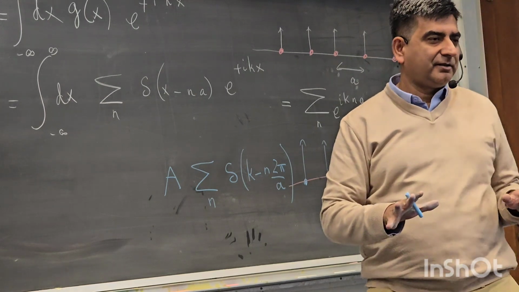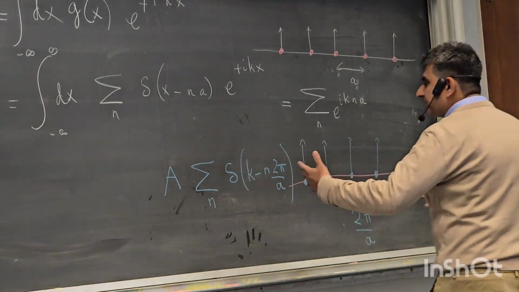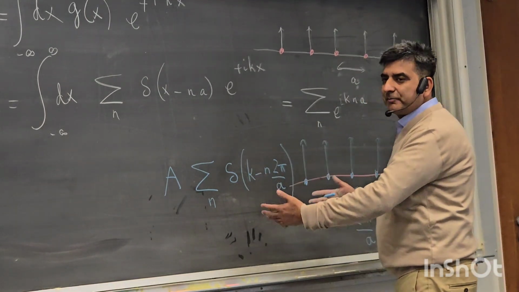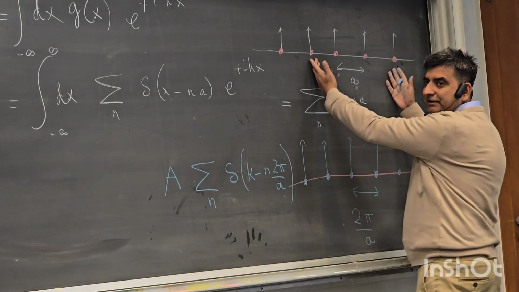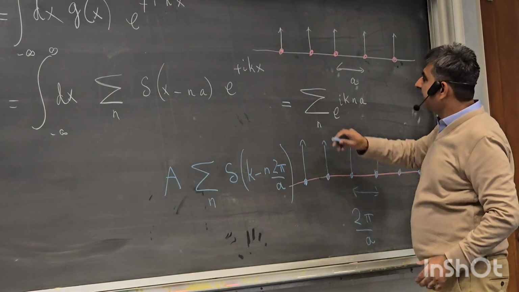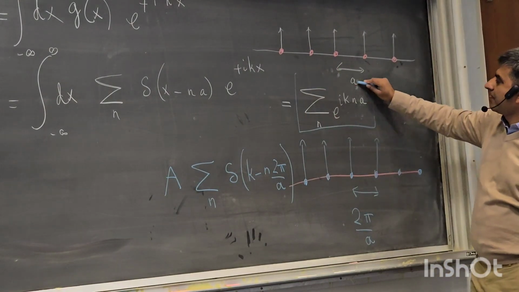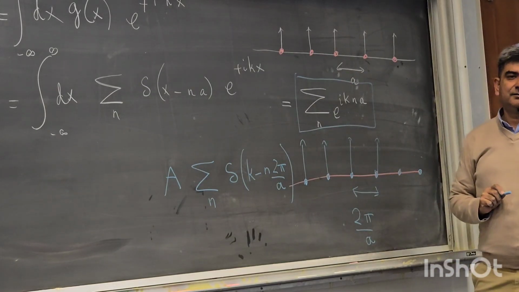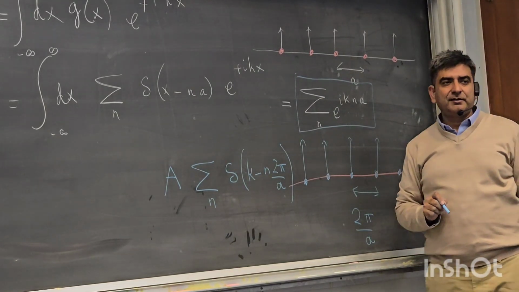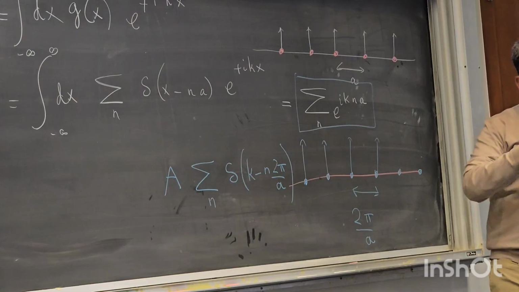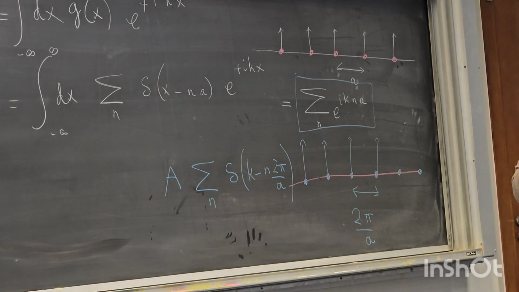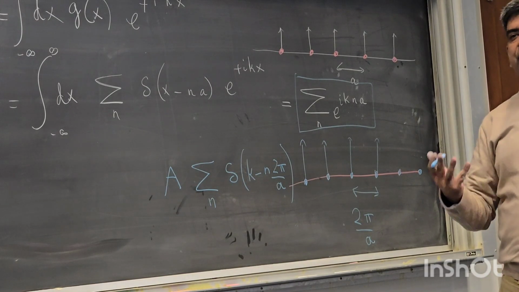It doesn't matter. So this is by construction the reciprocal space corresponding to this direct lattice. Now I want to show that this Fourier transform equals this. If I am able to show that, I will immediately figure out that the reciprocal lattice is the Fourier transform of the direct lattice.